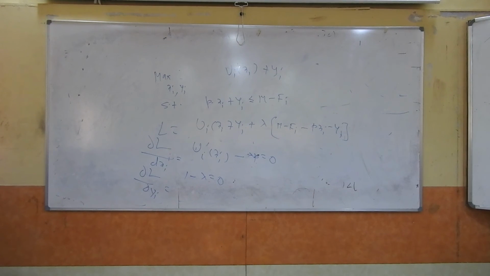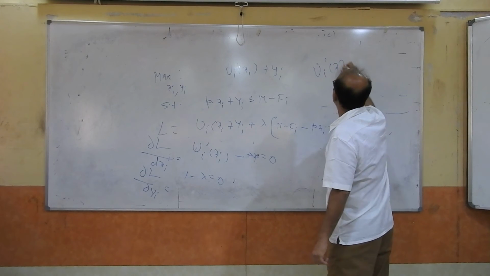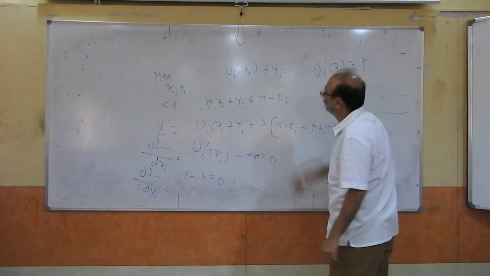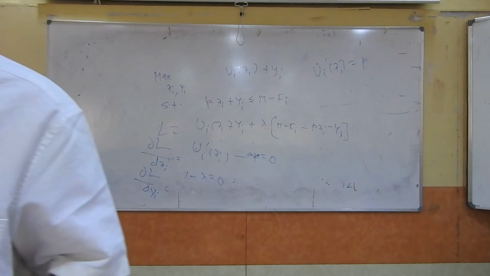So do you get something insightful right away? So lambda is equal to 1. If lambda is equal to 1, what do you get? You get ui dash xi is equal to p. Right? Sure?